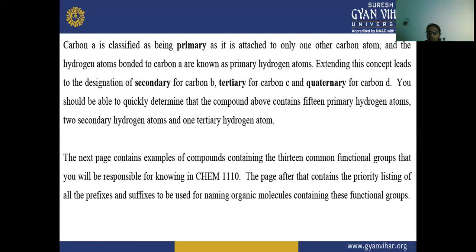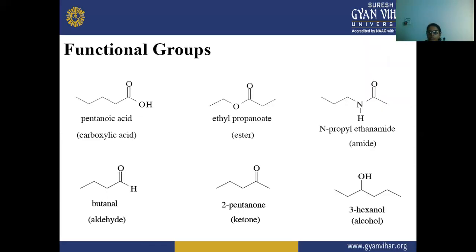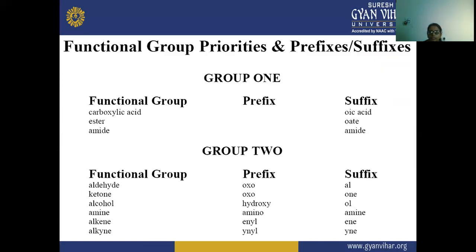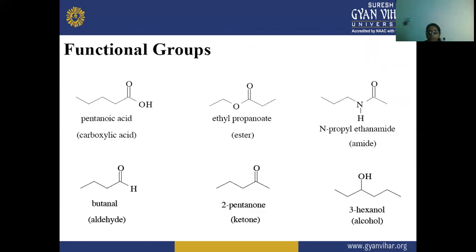Next we will discuss the priority listing of all the prefixes and suffixes we use for naming organic molecules containing these functional groups. The functional group with the highest priority is carboxylic acid. Here you can see this is the carboxylic acid, as this functional group is attached.